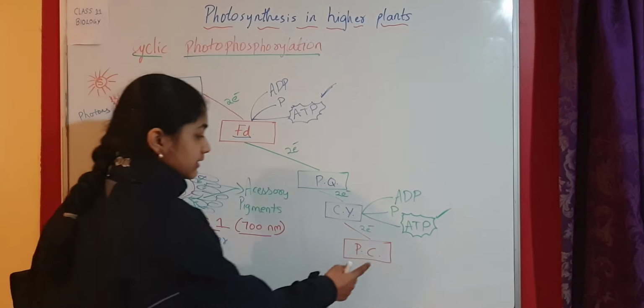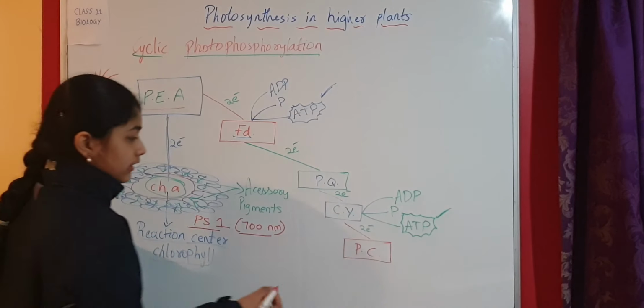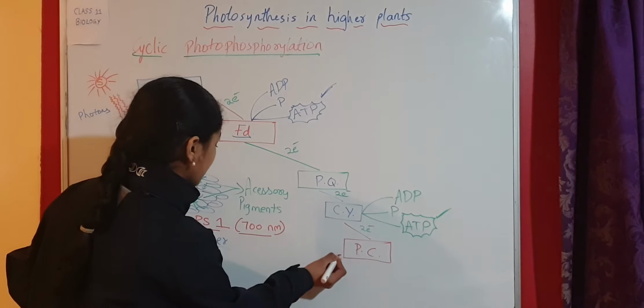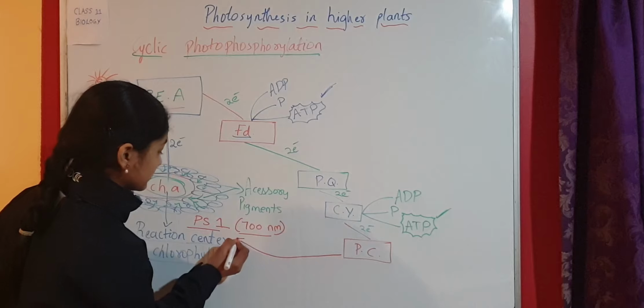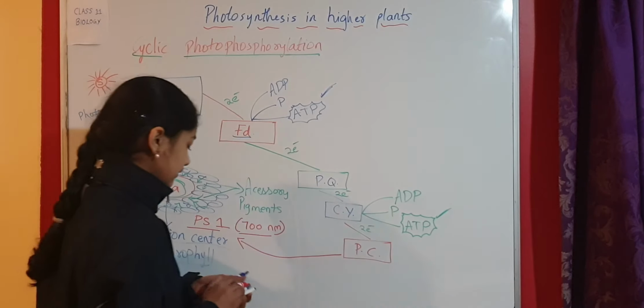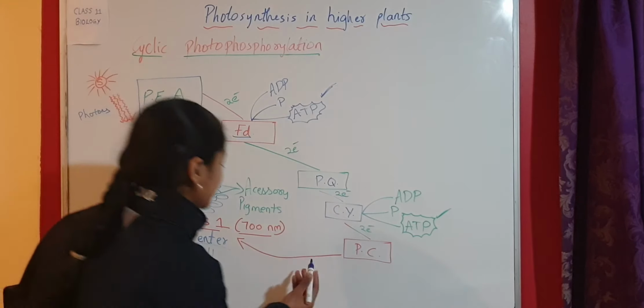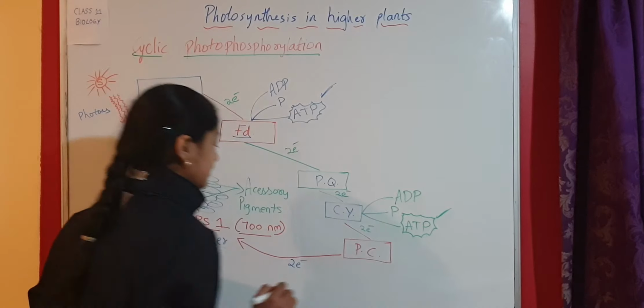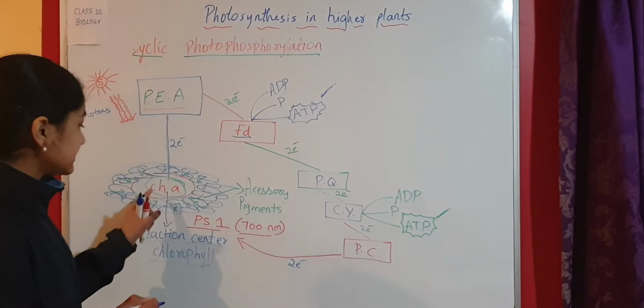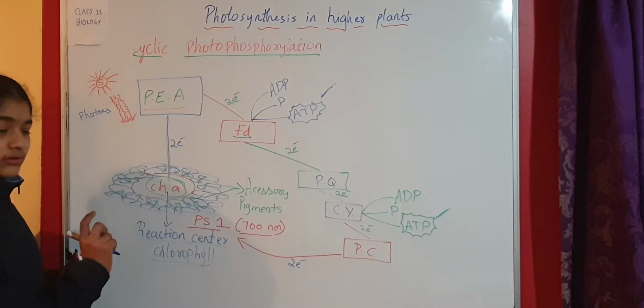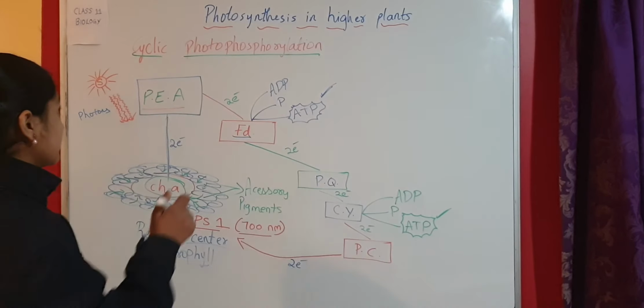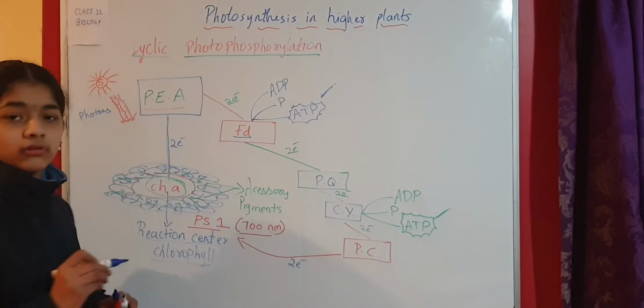The pair of electrons is near plastocyanin. Now that pair of electrons is going to come back to this photosystem, and that's why we call this cyclic photophosphorylation.